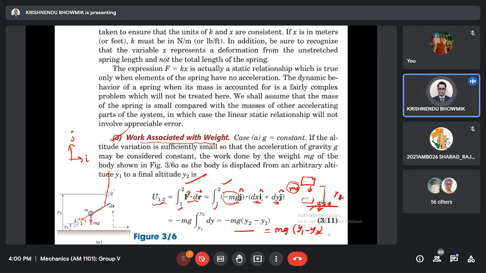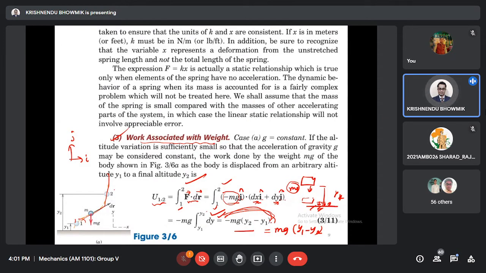Since this is a dot product, j dot i will be 0 and j will remain, and that will be minus mg integrated from y1 to y2 of dy. It comes with the minus sign.